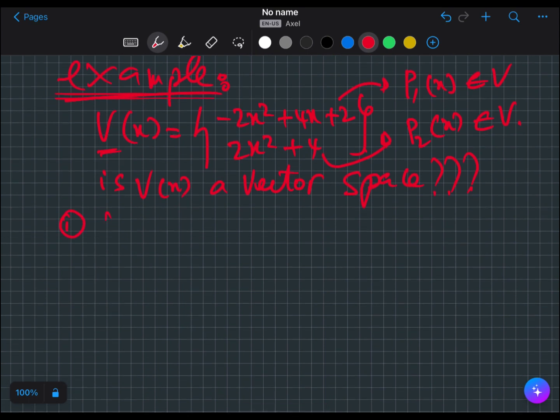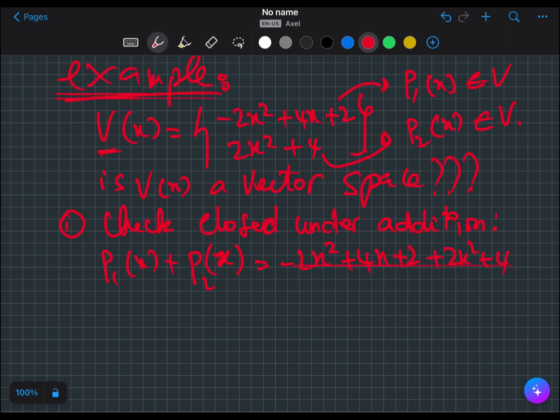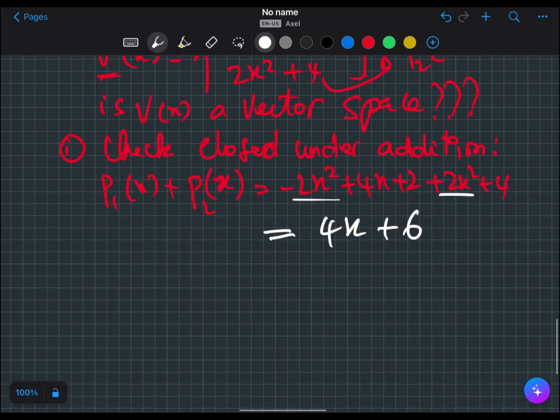So the first thing is that we check if it is closed under addition. So if we do P1(x) plus P2(x), we have minus 2x squared plus 4x plus 2 plus 2x squared plus 4, where the x squared terms cancel. So I will have 4x plus 6. So what do you think?